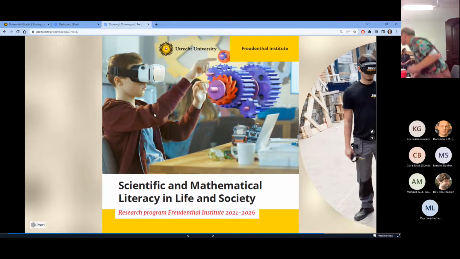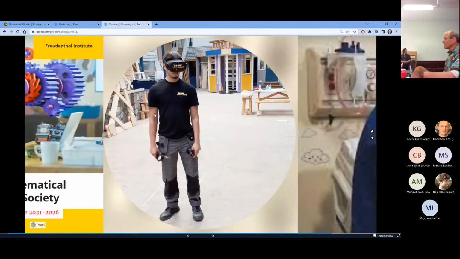One interesting thing, of course, is augmented and virtual reality, and that's why we put it on the front page of our Freudenthal research program. But that's just a picture. We also have some real experience with this. This was from the KEEN project in which Sylvia engaged with students who were in practice education for carpenters.